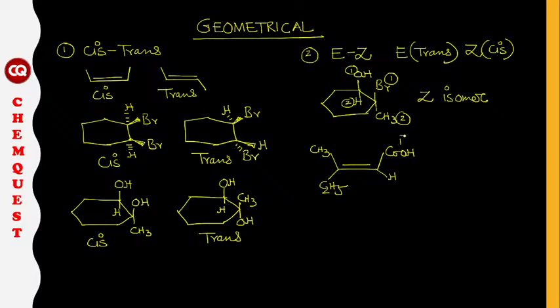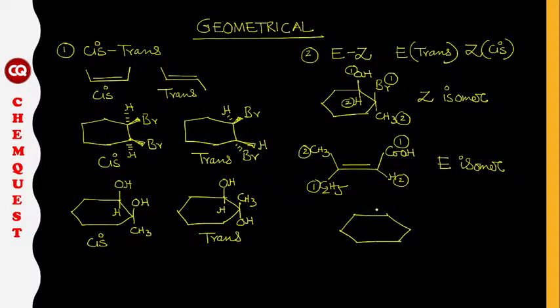By atomic mass, or priority, the series is 1, 2 and 1, 2. 1 and 1 are on opposite sides, so it is known as E isomer. E isomer.